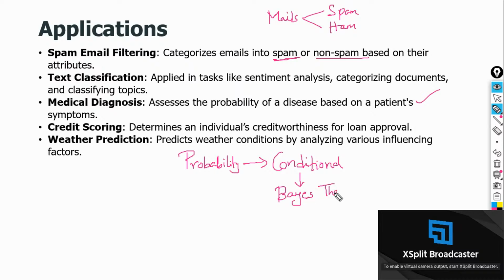So friends, this is one of the important algorithms as part of classification, supervised learning, and if you are not able to grab the concept the first time, that's okay. But my sincere advice for all of you is to go and learn these algorithms again and again.